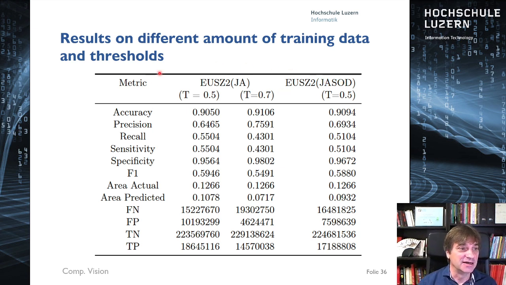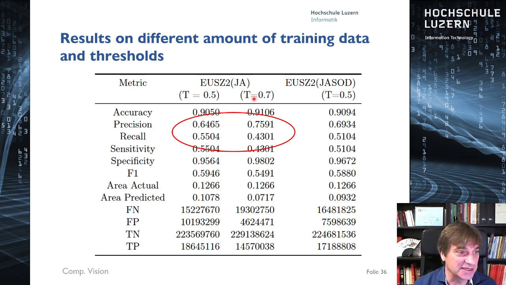And we also varied the threshold. The threshold determines when it is eczema. So is it when the prediction is 50%, we mark it as eczema, or when the prediction says 70%, we mark it as eczema.